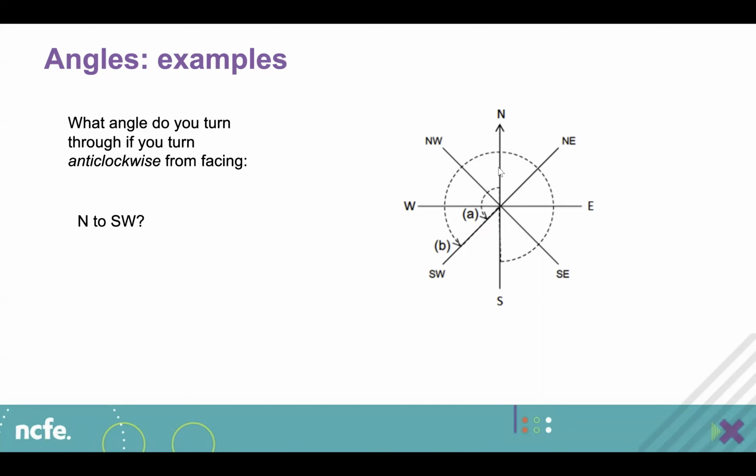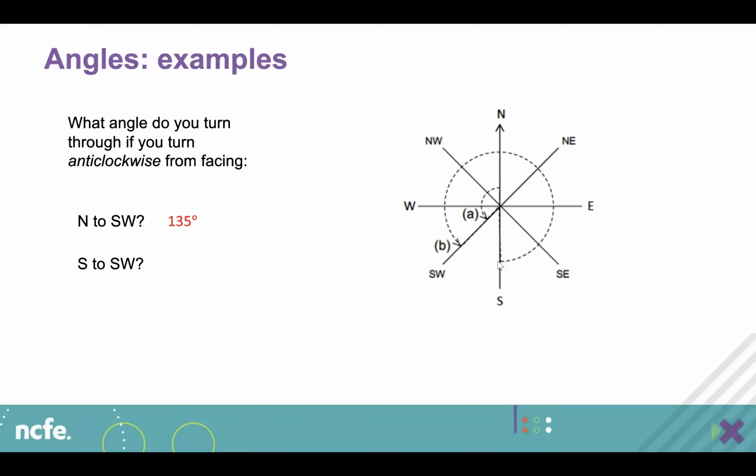North is here, southwest is there, anti-clockwise is this way. So it is B. You want to work out the angle of B. This is 90 degrees, and this is half of 90 degrees, so it'd be 90 add 45, which is 135 degrees.